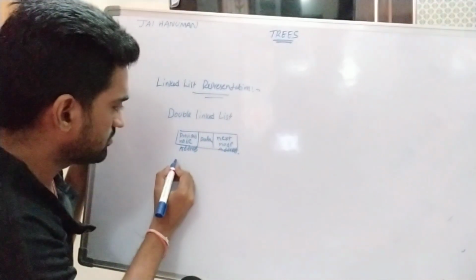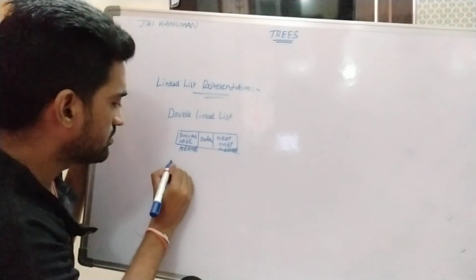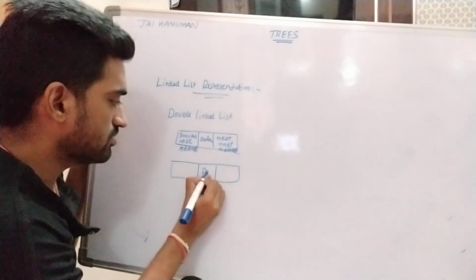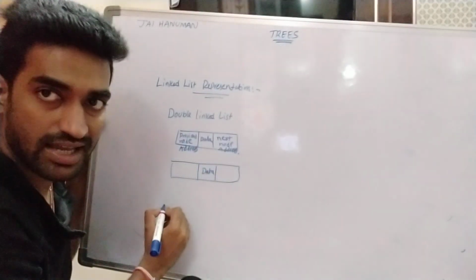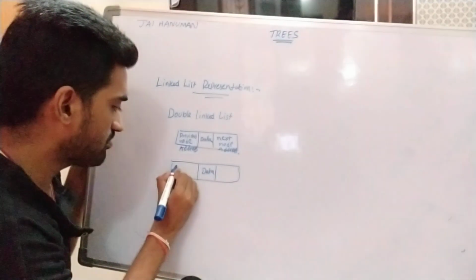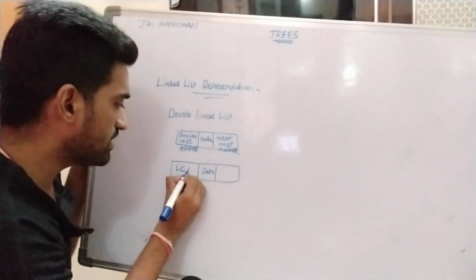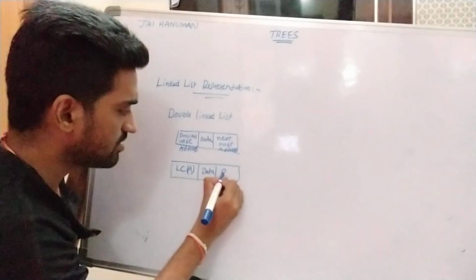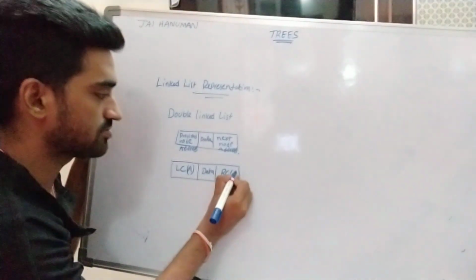For a binary tree, the middle field represents the actual data, the left field represents the left child address, and the right field represents the right child address.